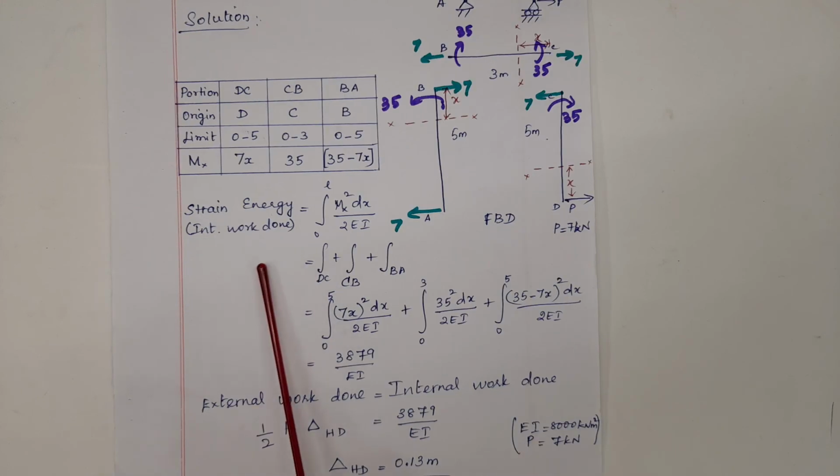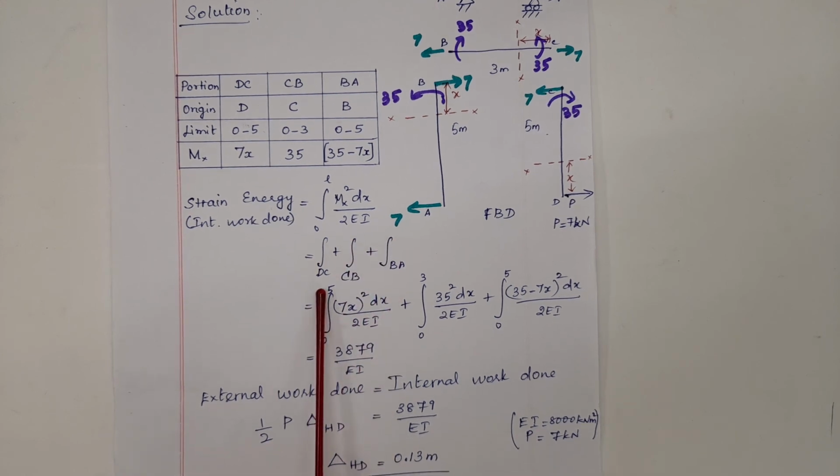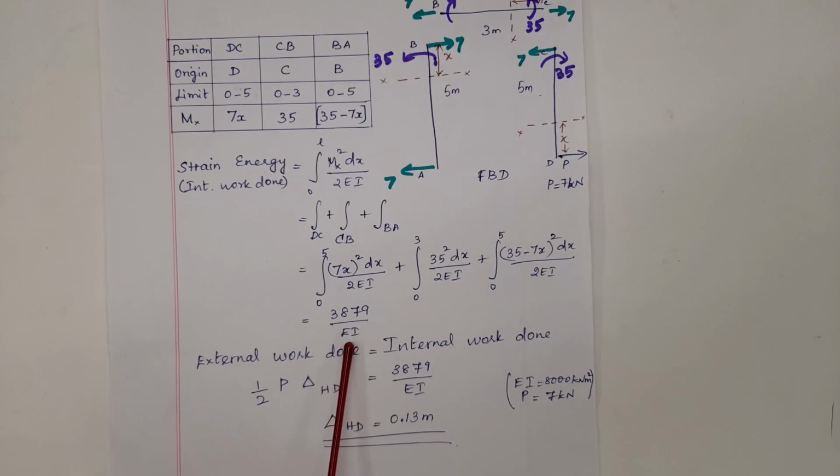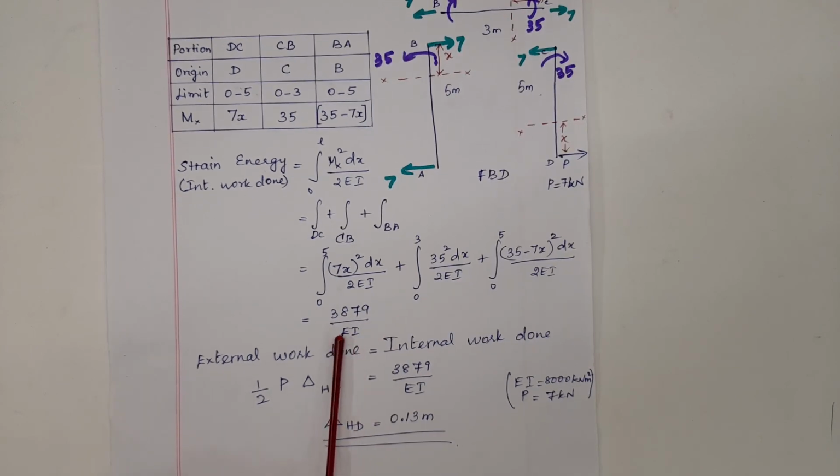Strain energy is determined based upon the relation integral 0 to L M squared dx by 2EI. So the integral value for DC, CB and BA, the three sections which you have considered, has to be summed up to get the net strain energy or the internal work done in the whole system.